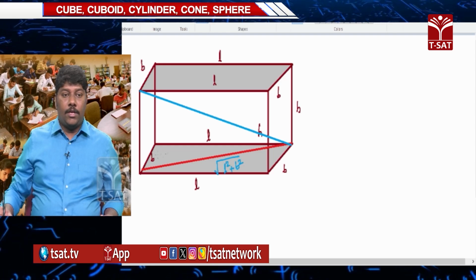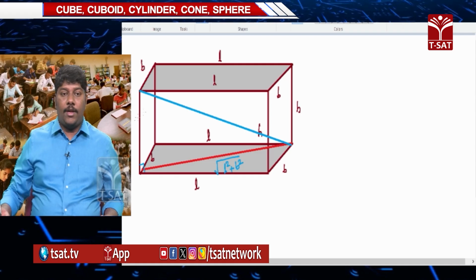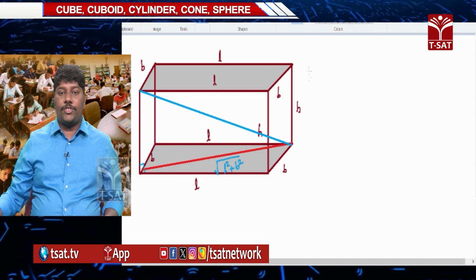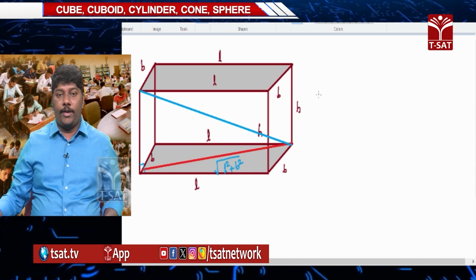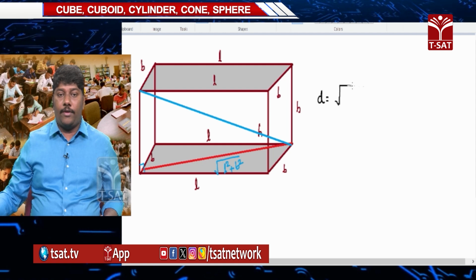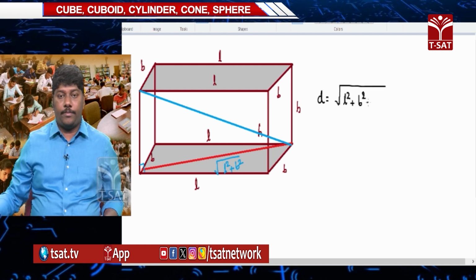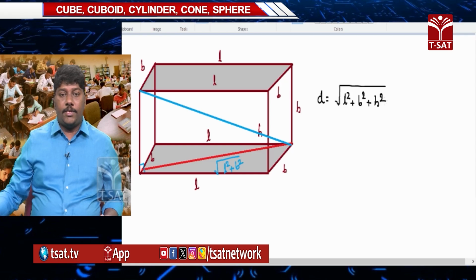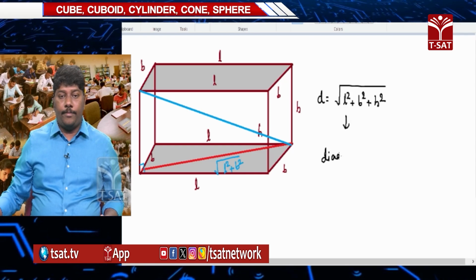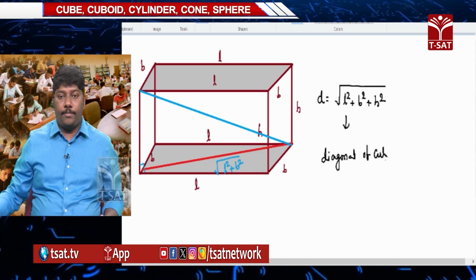If you apply Pythagoras rule to H and this diagonal, then you will get the greatest or the largest possible distance inside a cuboid, that is the diagonal of the cuboid is equal to under root of L square plus B square plus H square. So, this is the largest possible distance inside a cuboid. It is the diagonal of the cuboid.